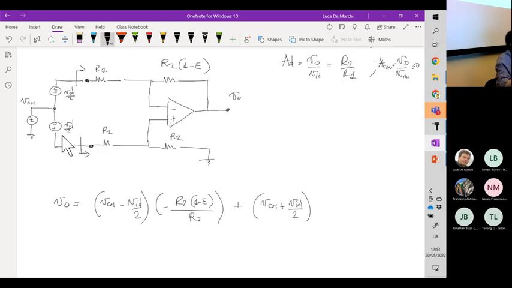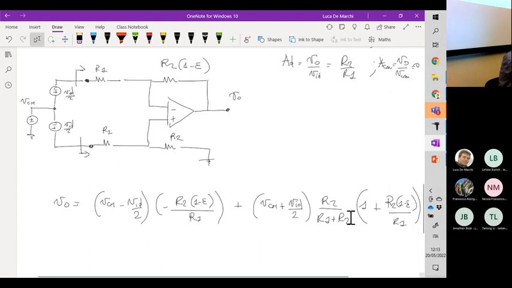Then we have the partitioning, so R2 over R1 plus R2 times the non-inverting configuration transfer function. So 1 plus R2 times 1 minus E divided by R1. Okay.